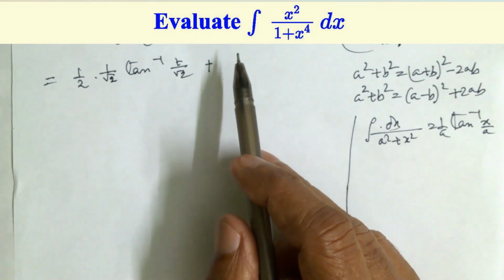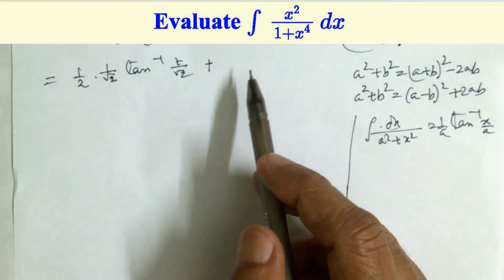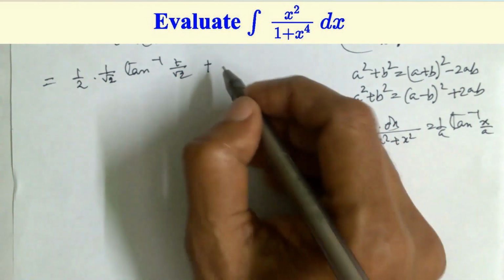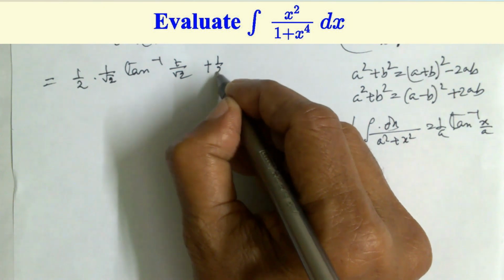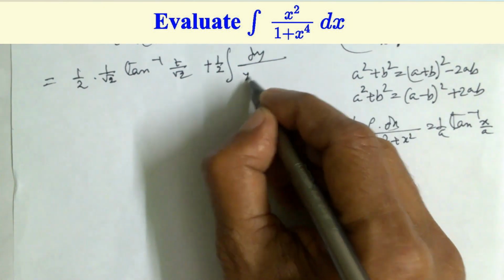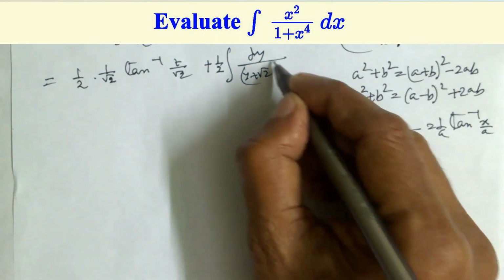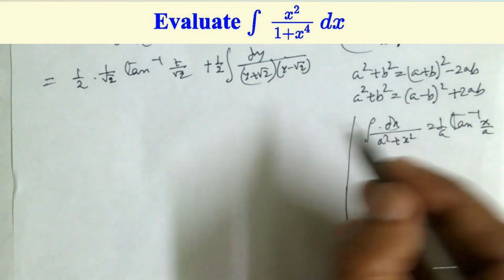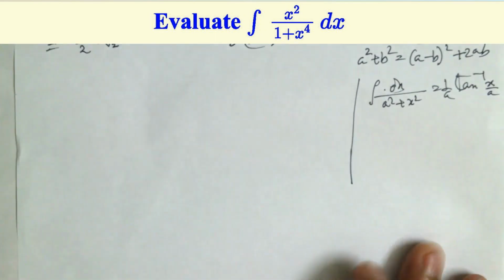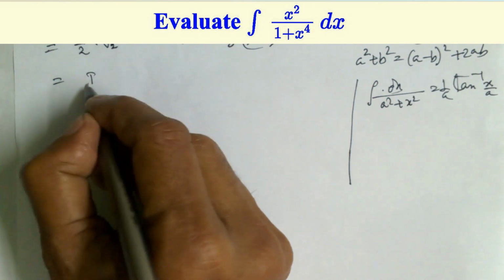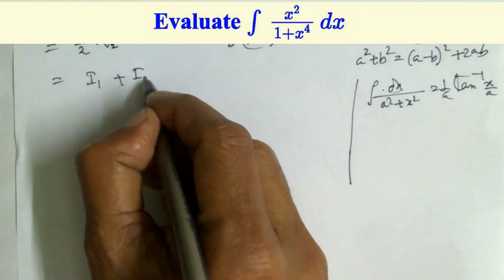There is also a formula. See, we are not using the formula, dy, factorize this, y plus root 2 into y minus root 2. Now let this be I1 plus I2.